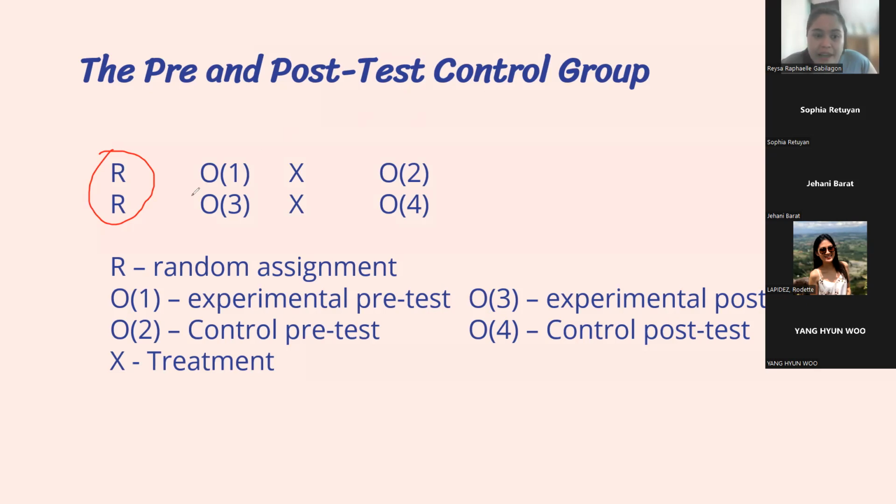Okay? So we will have group 1, we will conduct a pre-test sa kanila. Okay, example blood sugar level again. Both of the groups will have the pre-test and then they will receive the treatment. Okay? And then afterwards, we will be doing the post-test.